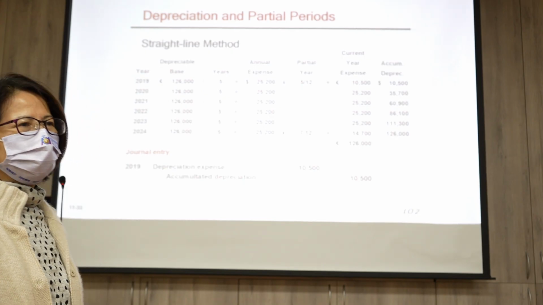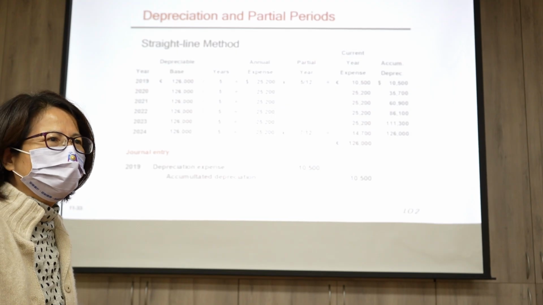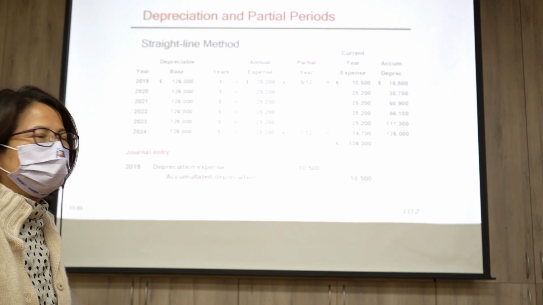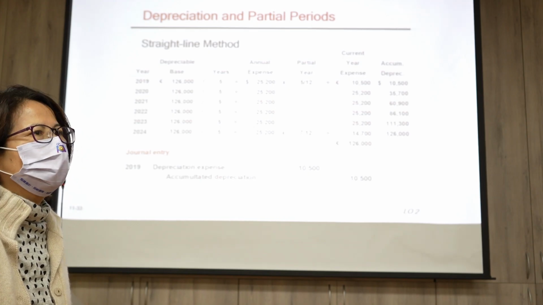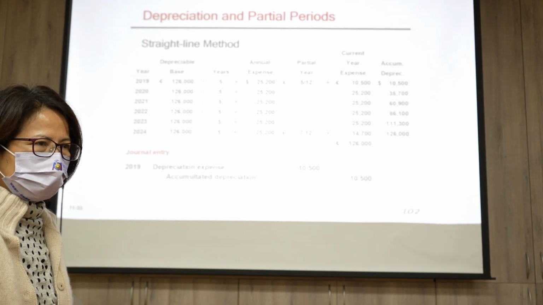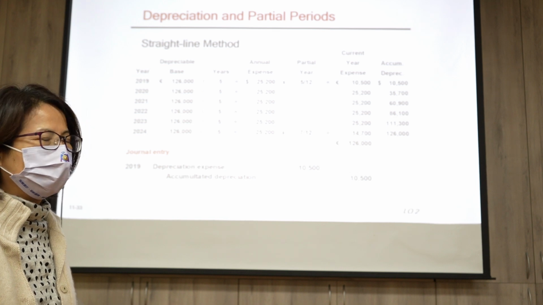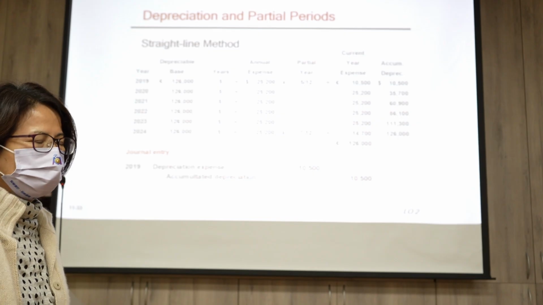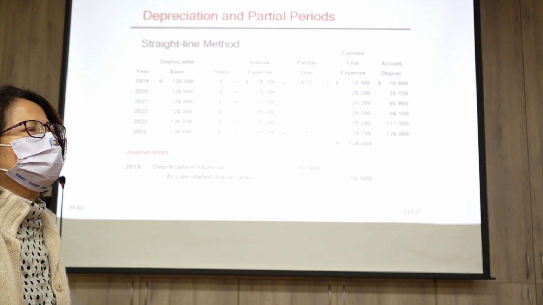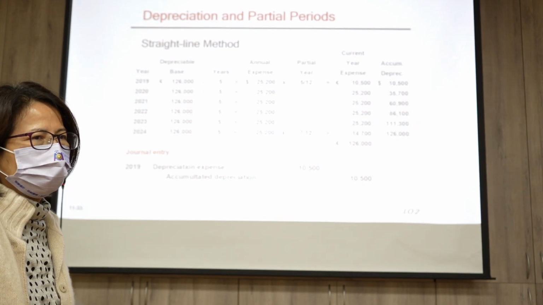But sometimes the machine may be outdated, and the depreciation is not taken up yet, and you will have to abandon it. We will talk about that later. We need to sell, dispose of, or abandon the machine.